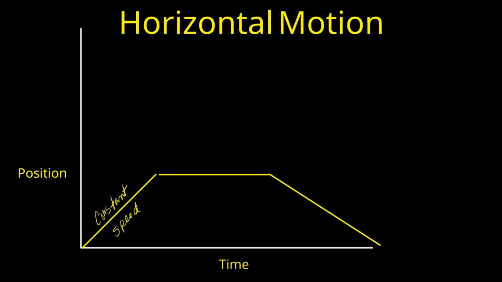All right. The next portion here, this will be at rest. It's not moving, it's stationary. The third segment is the motion is returning to the point of zero. So it's returning.